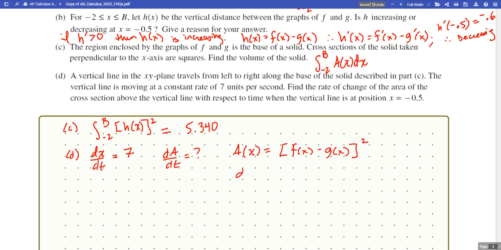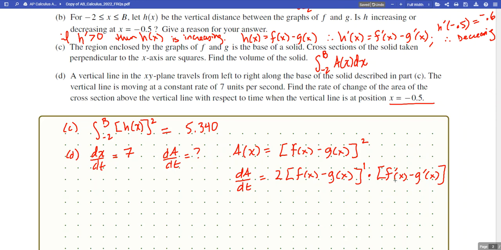So the rate of change of area with respect to time is going to be 2 times f of x minus g of x, to the first power, times the derivative of that, which would be f prime of x minus g prime of x.